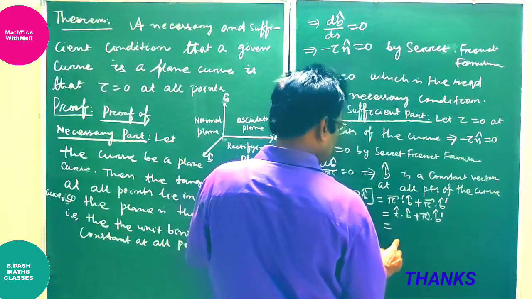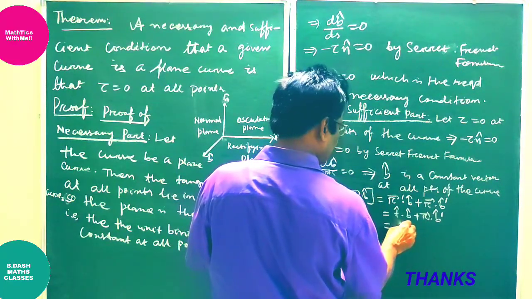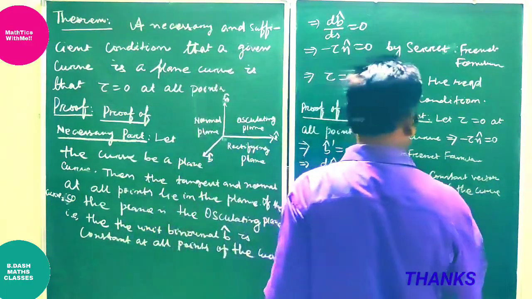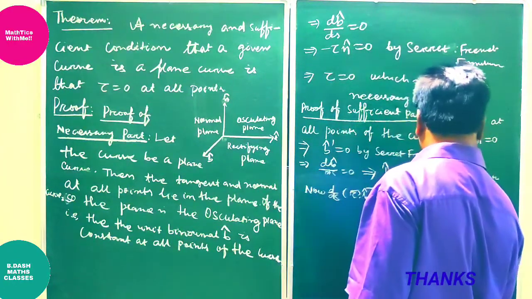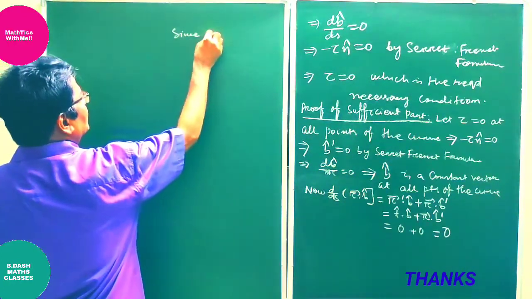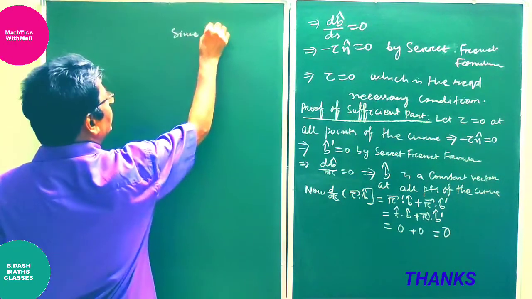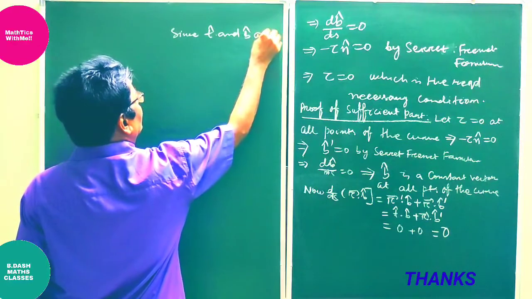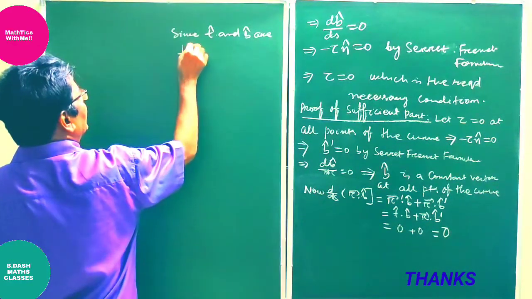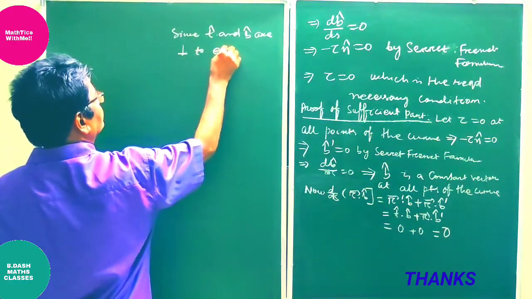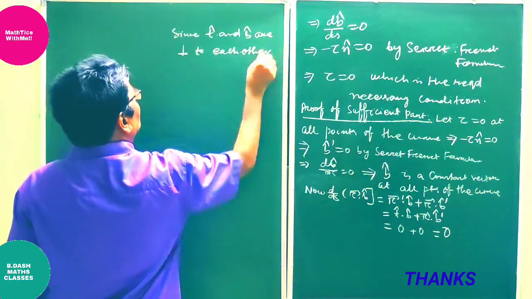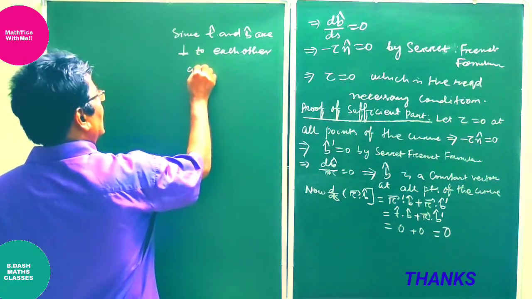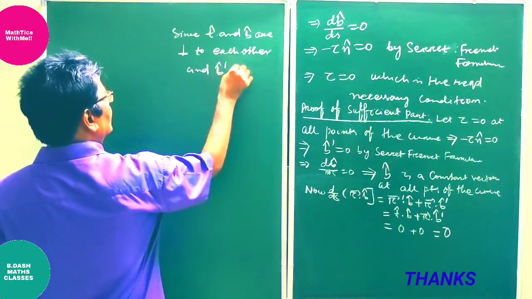So this is equal to 0, since t cap and b cap are perpendicular to each other, and b cap dash is equal to 0.